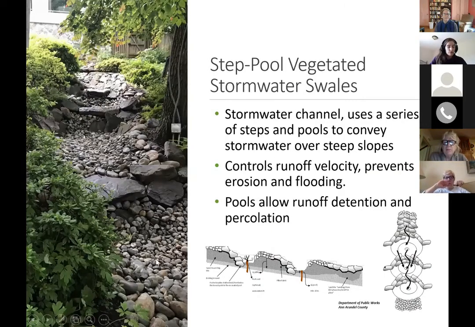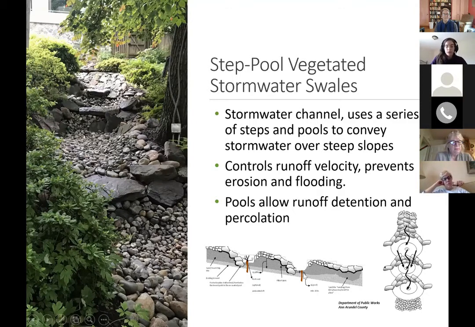What happens when you do have a really steep slope and you do need to use this rock material? Before, we showed that dry creek bed solution as a conventional solution. This step pool is a very different solution. Again, we talked about how there's some amended soils under that dry swale. Well, the same thing here with the step pool.